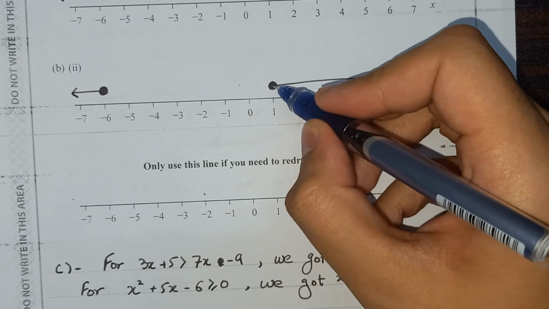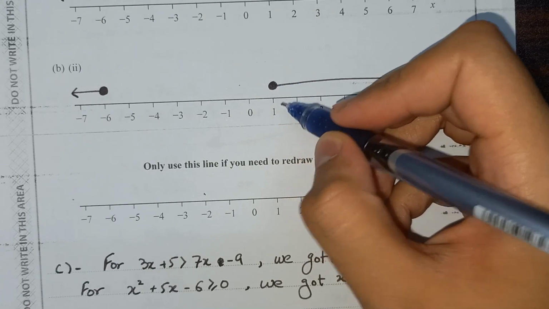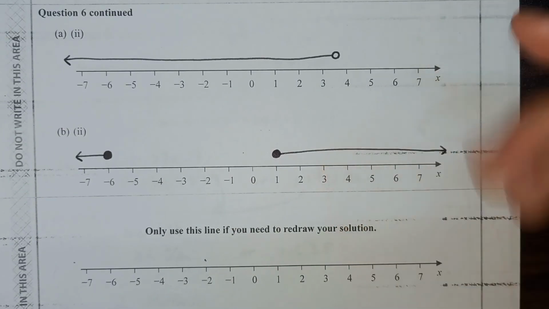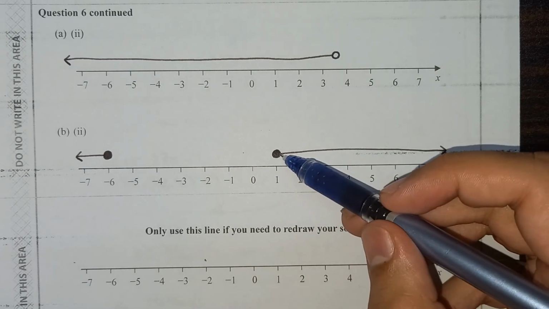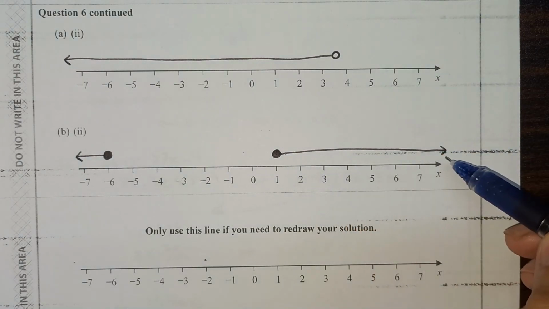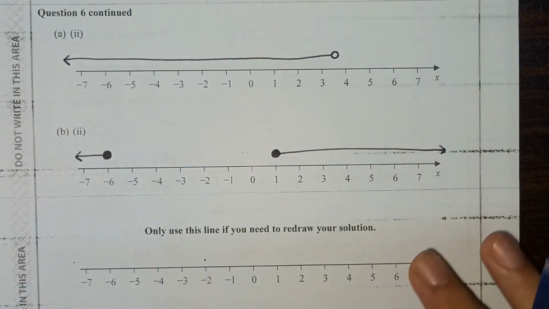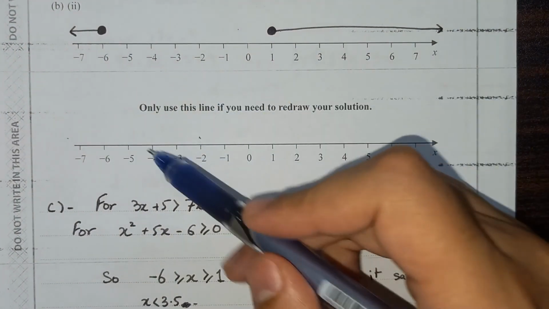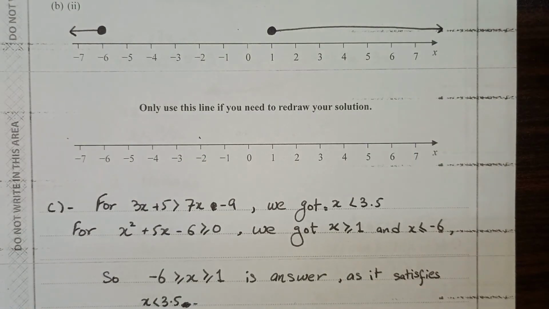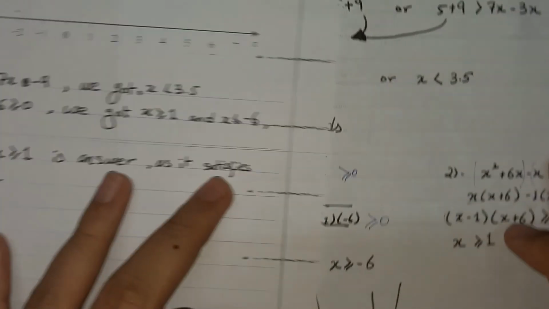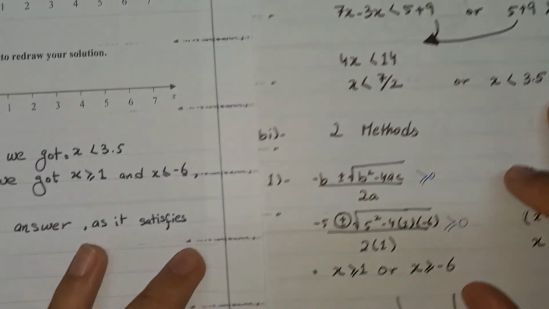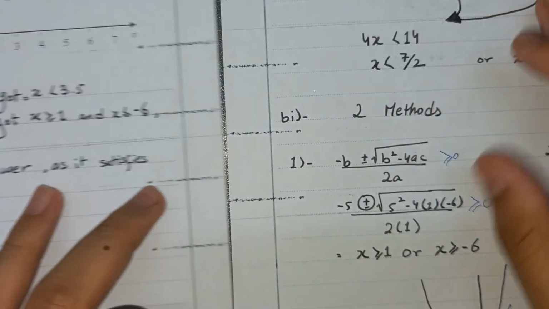You fill up the circle, so it makes a big black dot like this. And it was greater than or equal to 1, you go like this. It was less than or equal to -6, you go that way, backwards. You are given a reserve number line over here. You don't need to use this, unless you mess up in any of these two.